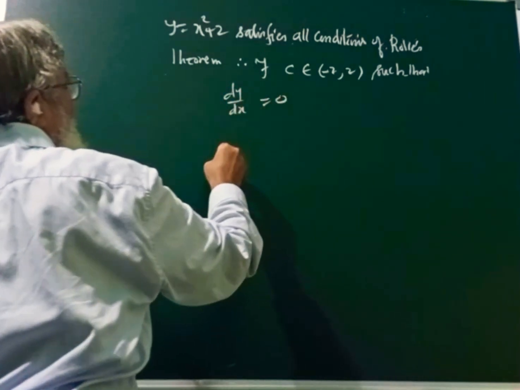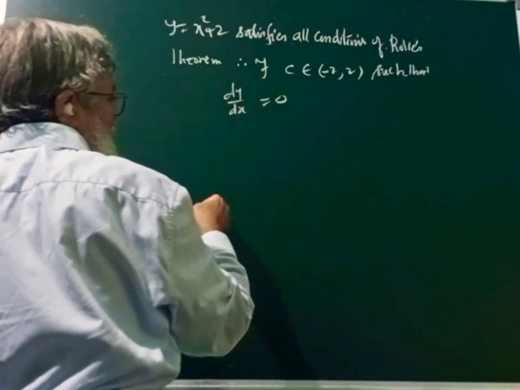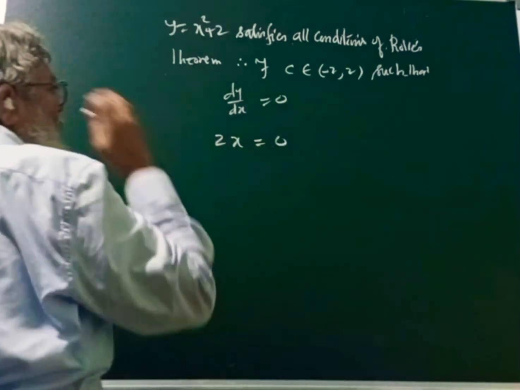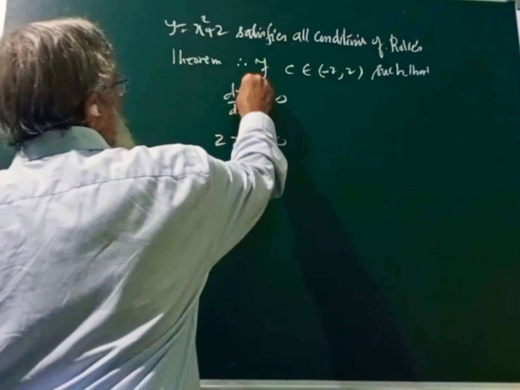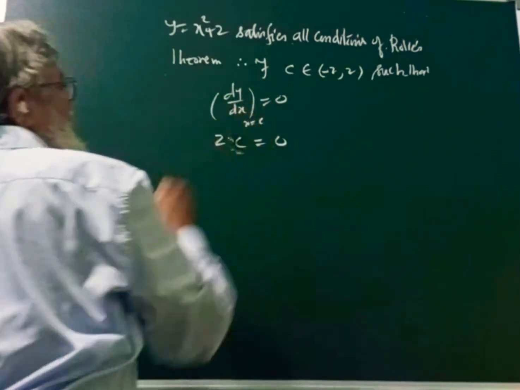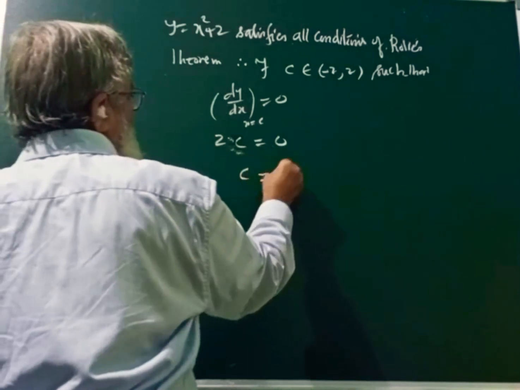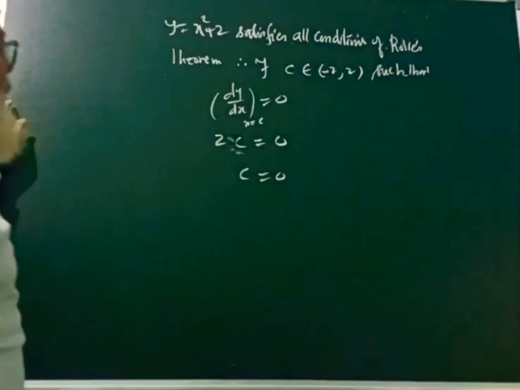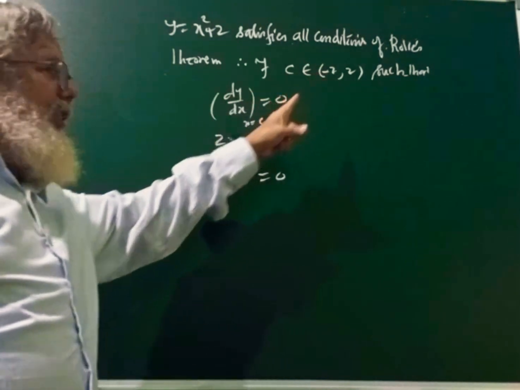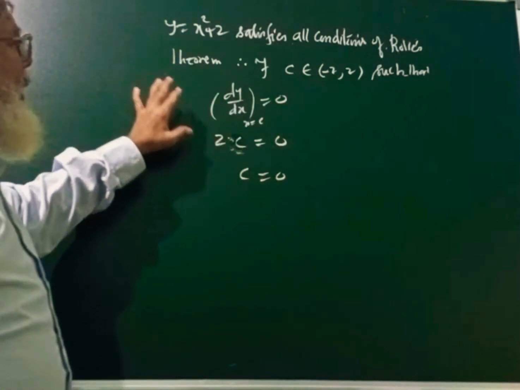Now dy by dx, already we have calculated, is 2x, equal to 0. At the point x is equal to c, we can write 2c is equal to 0, c is equal to 0. That means there exists a point 0 in the open interval such that it satisfies the given condition.